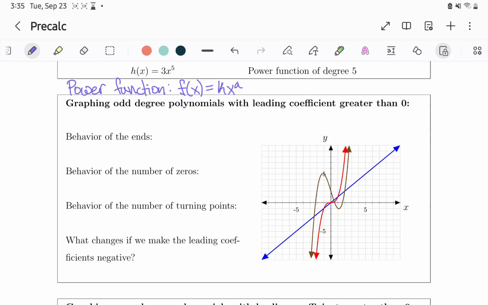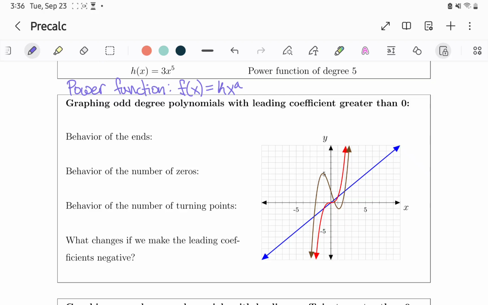So if we have an odd degree polynomial function with a leading coefficient greater than 0, then the behavior at the ends, well, we have some examples here of graphs in blue, brown, and red of odd degree polynomial functions that have a positive leading coefficient.